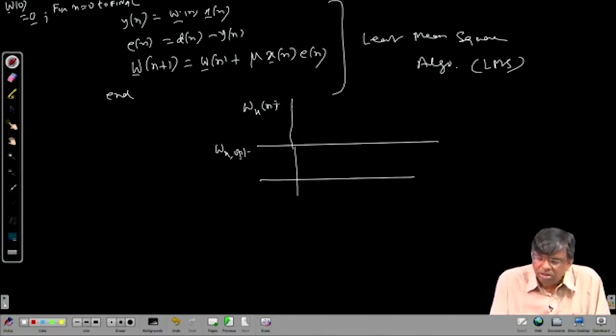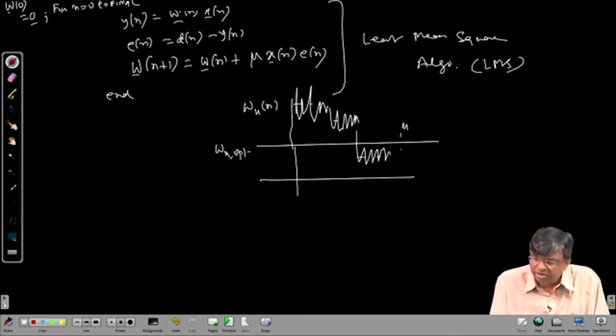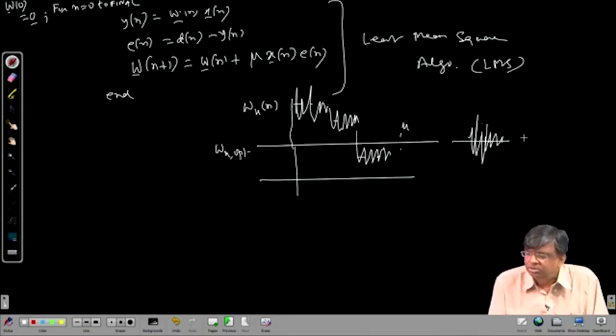What it will do, this is also now random, because when I go from the nth index to n plus 1th, I am adding an update term which is data dependent, and data is random, which makes it random. So, it will be randomly fluctuating. The average may be here, after some time the average might be here, then maybe here, but finally it will be oscillating, randomly fluctuating around the W k opt. This is what we can ensure. It will not converge on this absolutely.